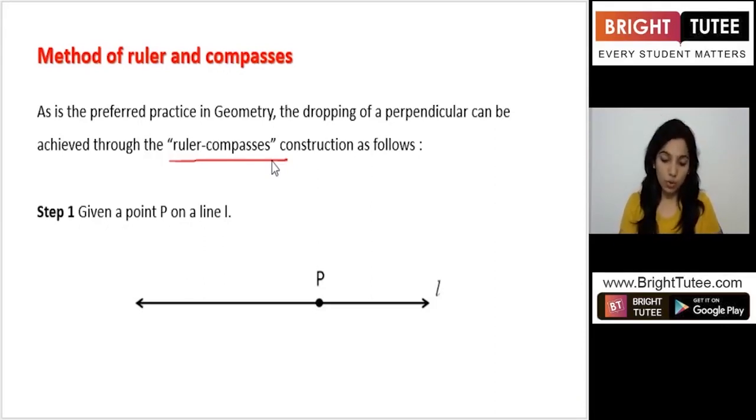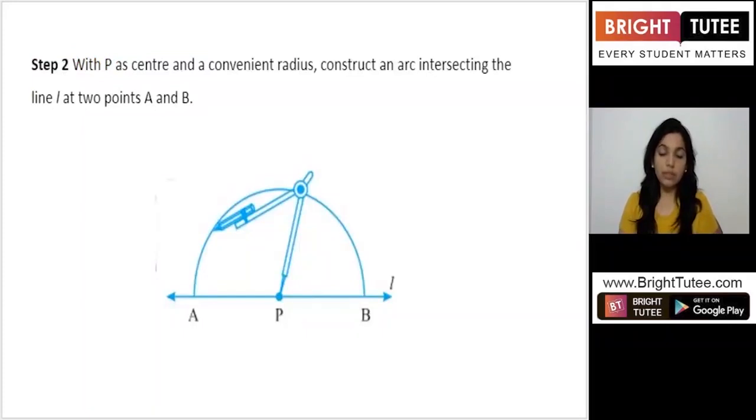So we will take a compass, and you can choose any convenient radius. Just open up your compass with any length, no fixed length.